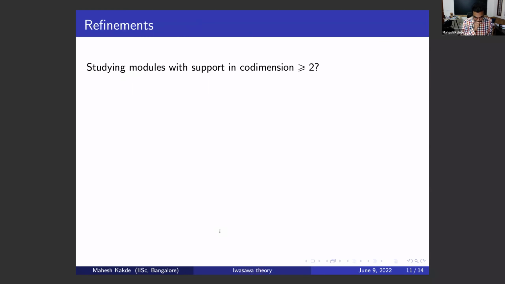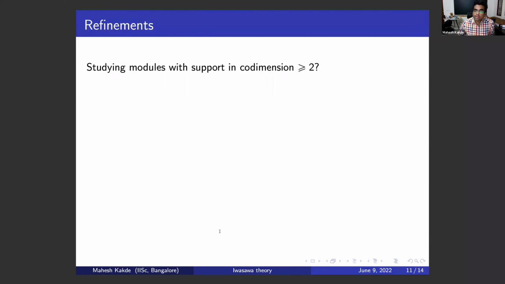Okay, so up to now, we have been studying modules with support in codimension 1. What the approach does is it ignores everything that has support in codimension 2 or more. So very small modules are ignored, what are usually called pseudo-null modules.